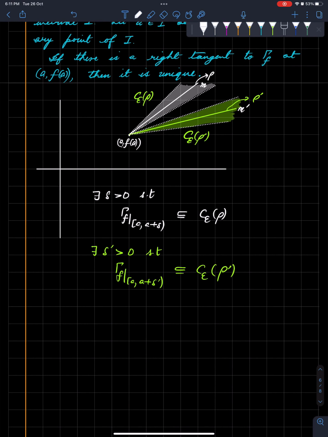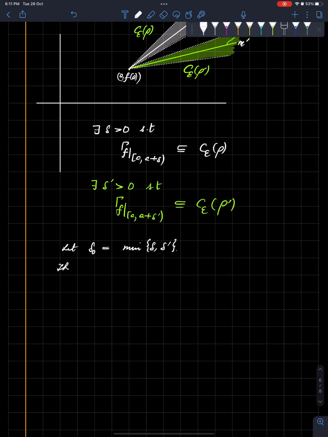Fine, but then let delta naught equal the minimum of the two deltas. Then the first one says that the graph of f restricted to [a, a plus delta naught) is contained in C epsilon rho, and the second one says that the graph of f restricted to [a, a plus delta naught) is contained in C epsilon rho prime.